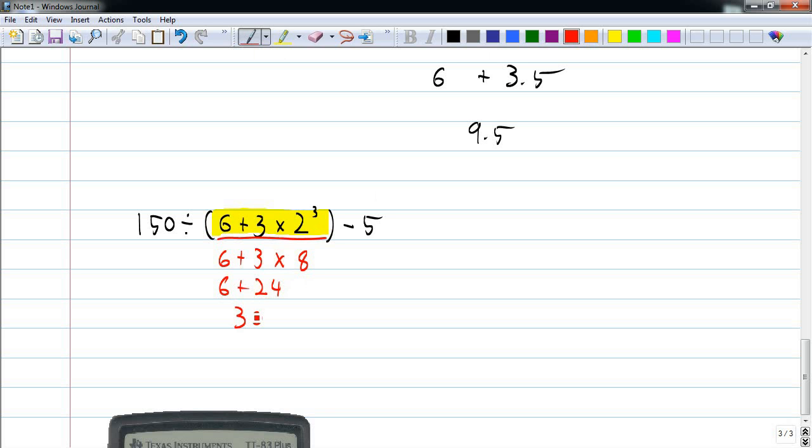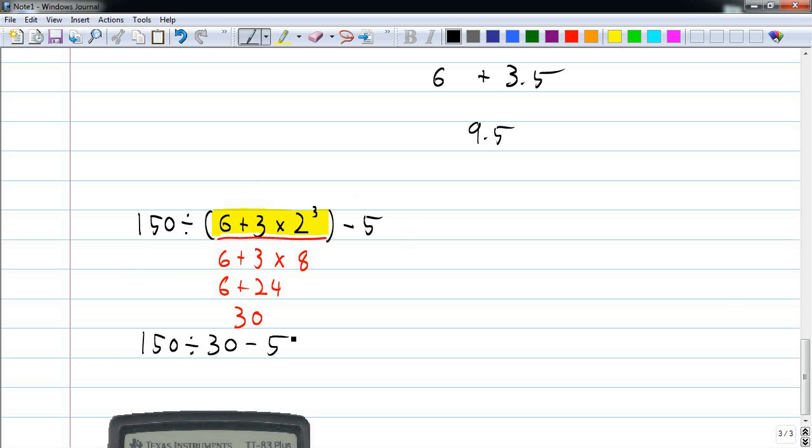Having completed this set of parentheses, I go back to my larger expression and write in whatever result I got. And then I continue my order of operations. I have handled parentheses. Next up, exponents.